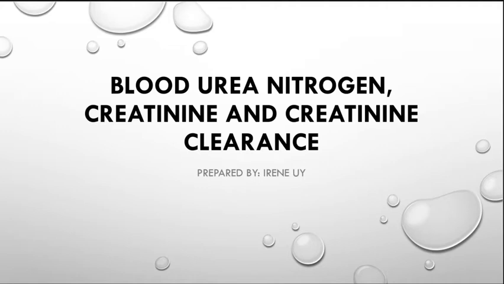Blood urea nitrogen, creatinine, and we also have blood uric acid. These are the three tests that compose your renal blood flow test. Bear in mind: blood urea nitrogen, creatinine, and blood uric acid, whereas creatinine clearance is your clearance test.